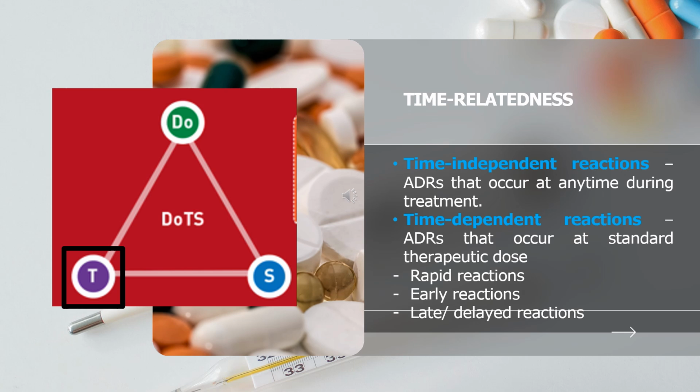Rapid reactions can occur when a drug is administered too rapidly. Early reactions occur early in the treatment and then abate with continuing treatment, in the case of tolerance. And the last one, late or delayed reactions, occur sometime after exposure, and sometimes can occur even if the drug is withdrawn before ADR occurs.